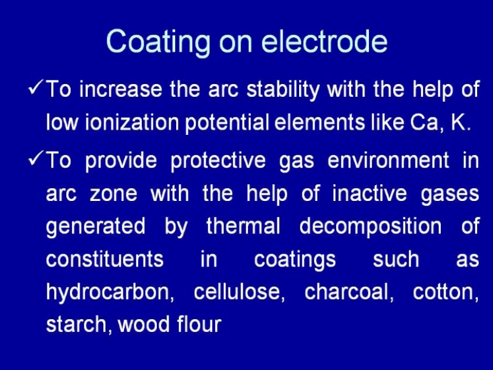When these elements are added, the electrons are easily emitted by these low ionization potential elements when the arc is struck, and the presence of the easily released electrons in the arc gap increases the electrical conductivity of the gap between the electrode and the workpiece, which helps to strike the arc easily.